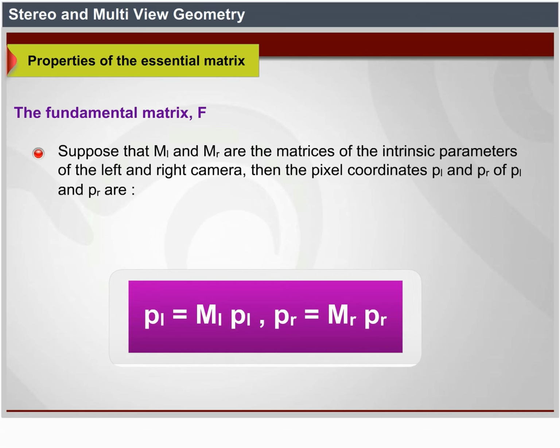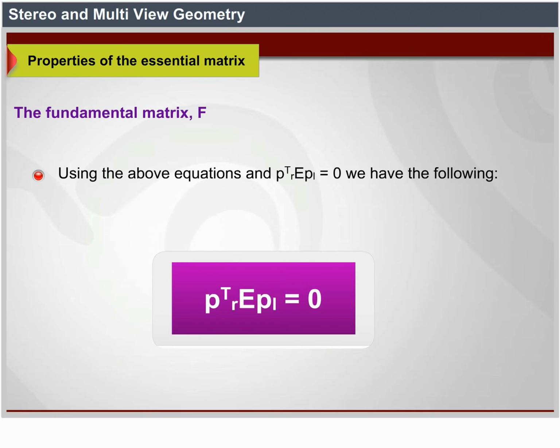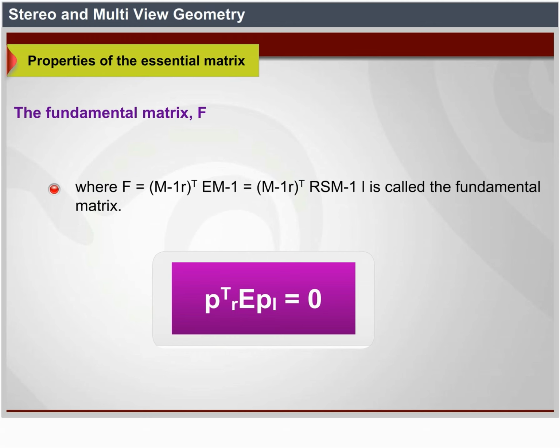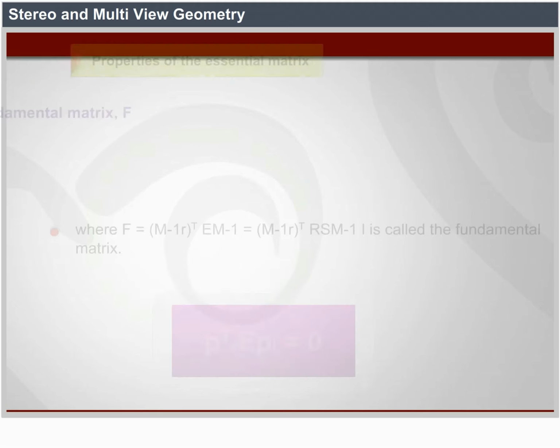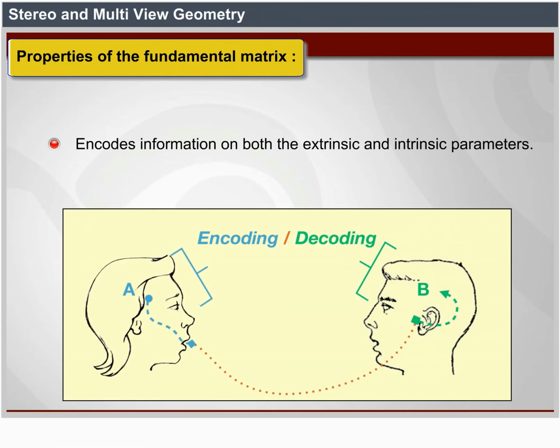Using the above equations and PR raised to the power T, E PL equals 0, we have pR raised to the power T, F pL equals 0, where F equals MR to the power minus T, R S ML to the power minus 1, is called the fundamental matrix. Properties of the fundamental matrix: it encodes information on both the extrinsic and intrinsic parameters. It has rank 2.